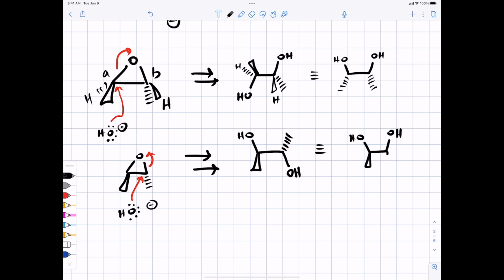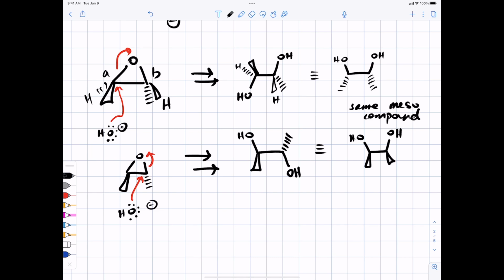What is the relationship between those two compounds? Enantiomers, right? No. Don't let that happen to you again. Many of you got stuff like that wrong on the exam. Do not let it happen to you again. Those are both the same meso compound.